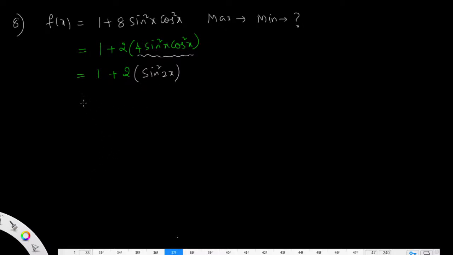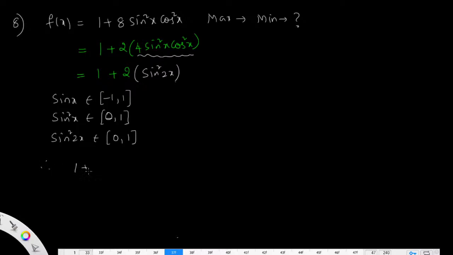Let us substitute. Sin x belongs to the interval minus 1, 1, whereas sin square x belongs to the range 0, 1. Only positive values can be taken, and therefore sin square 2x also is always in the range 0, 1 only. Therefore 1 plus 2 into the minimum value 0, and 1 plus 2 into 1 for the maximum. Minimum equals 1, maximum equals 3.